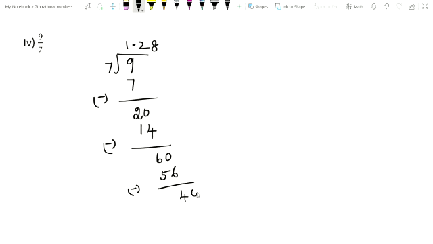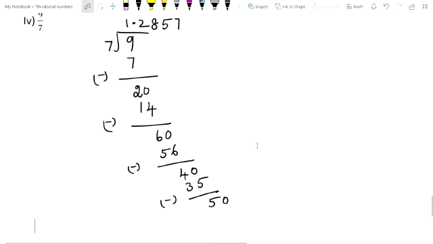40. In 40, 5 times. 5 sevens are 35. Now subtract this. What will you get? 5. Add a 0, 50. 7 sevens are 49.